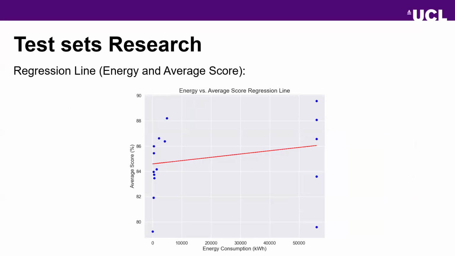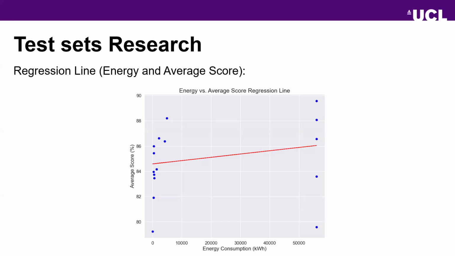You have two clusters in the energy consumption. You have very low energy consumption and very high energy consumption, and there's nothing in between. So doing this linear regression basically is not saying a lot.